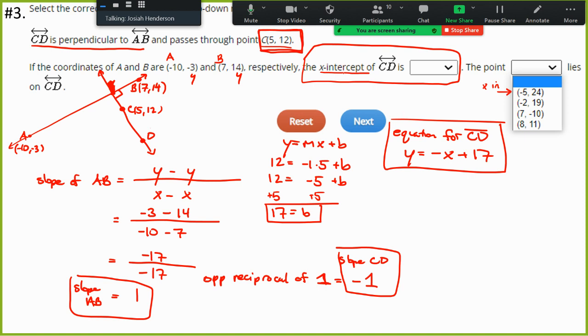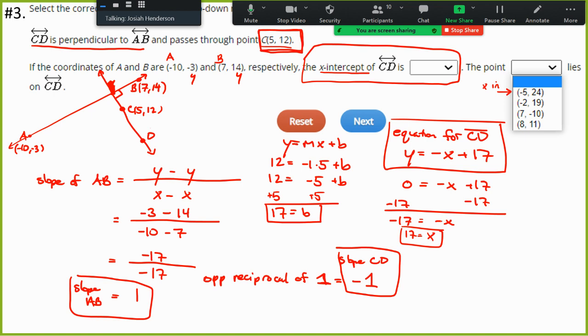So plug in 0 for y to find the x-intercept. So it looks like negative x is equal to negative 17. So to get that alone, multiply both sides by negative 1, and we get x equals 17.